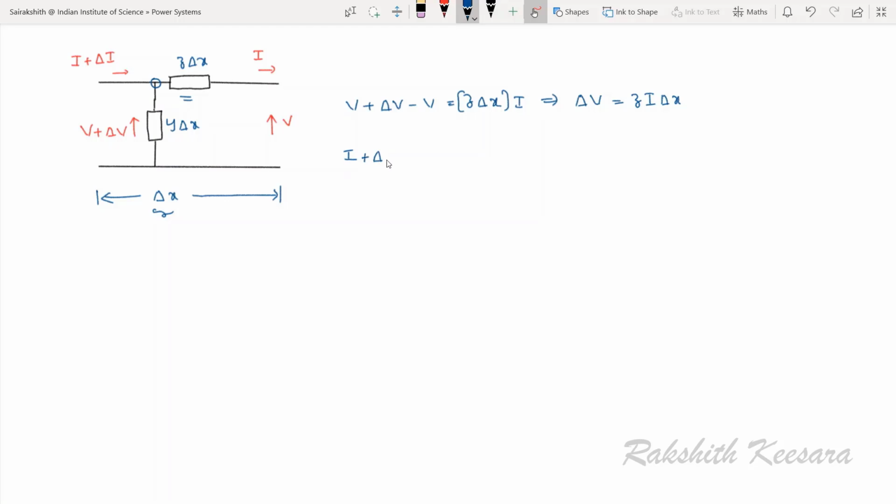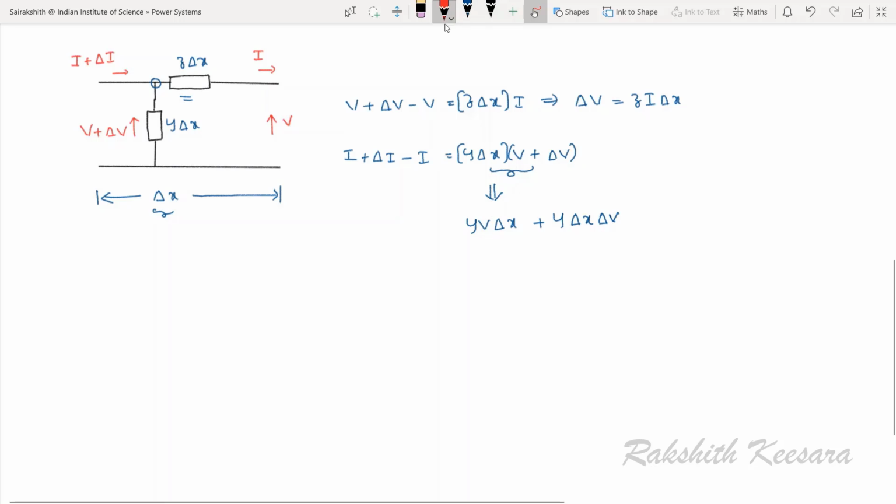I plus delta I minus I will be equal to y delta x into V plus delta V. If I expand this equation, the answer will be y V delta x plus y delta x delta V. If you observe this quantity, delta x is really a small unit and delta V is also small.